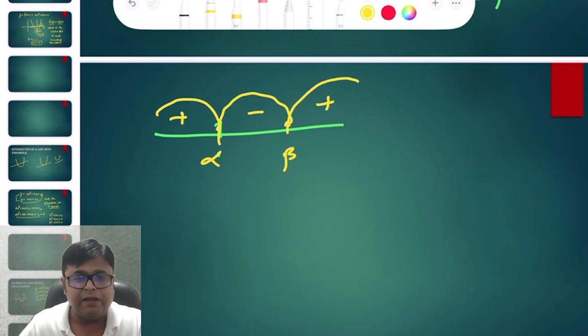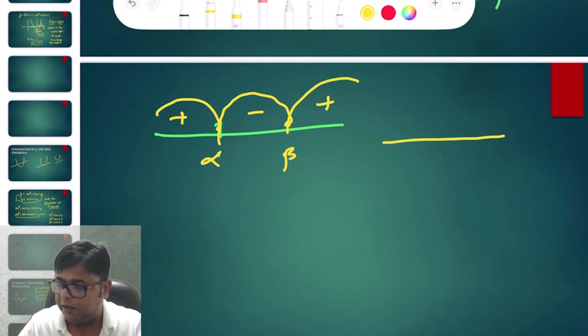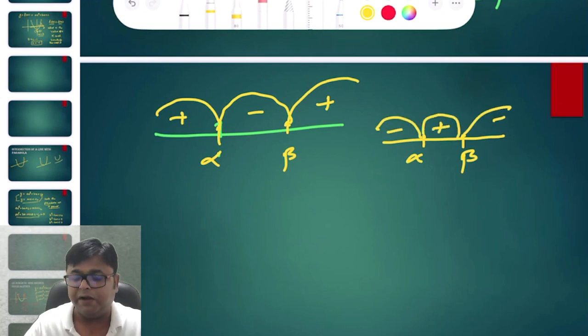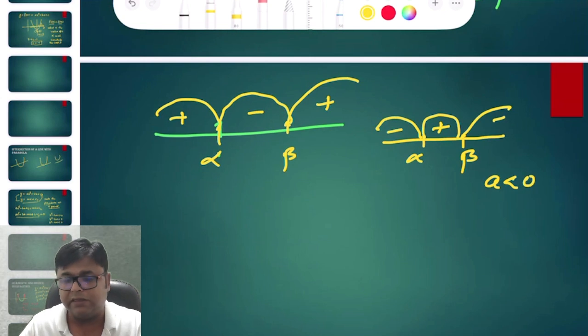This is the curve given on a number line, as you can see. But some people then say, what if it is cap shape? The nature will be totally opposite. So it will be alpha, beta starting with minus, and plus and minus. The nature will be different for a less than 0.